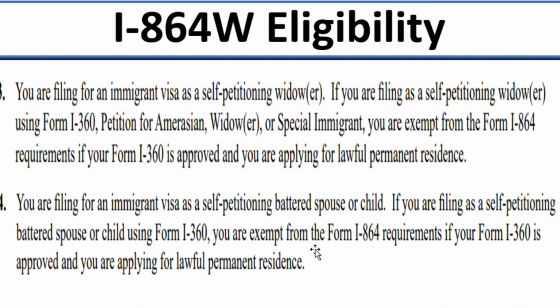Last one, you are filing for an immigrant visa as a self-petitioner, battered spouse or child. If you are filing as a self-petitioning battered spouse or child using form I-360, you are exempt from I-864 as well. So if your form I-360 is approved, you are applying for lawful permanent residence.